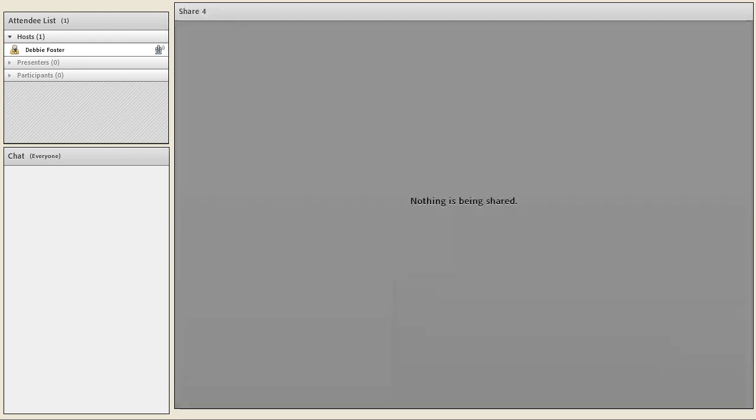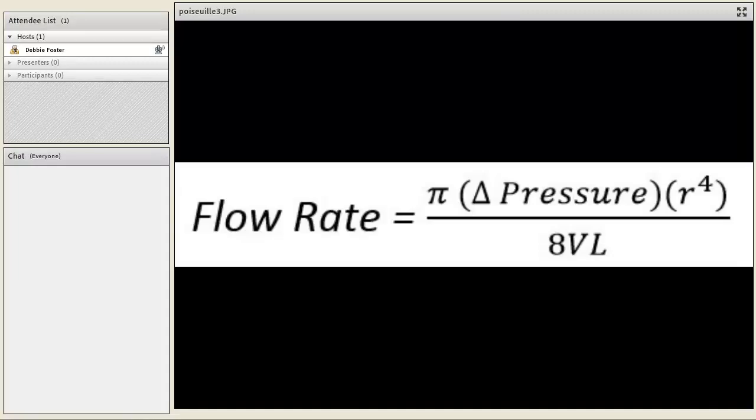And then combined with what we talked about a little bit with flow and with peripheral resistance, cardiac output, we see this final equation here. Our flow rate is dependent on, pi, as you know, is a constant.